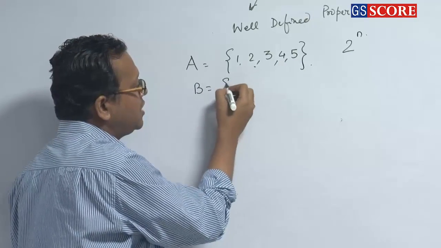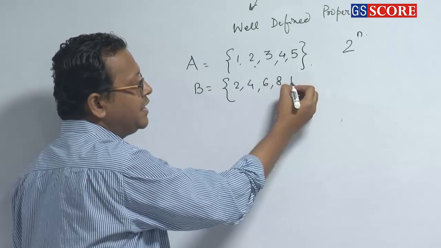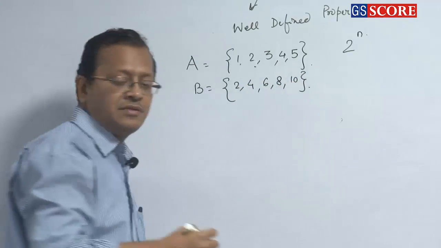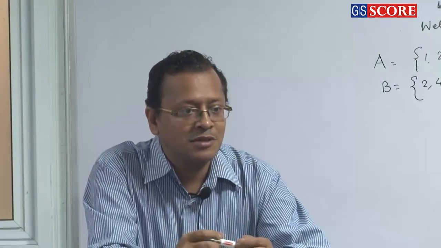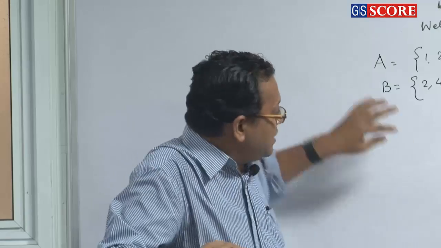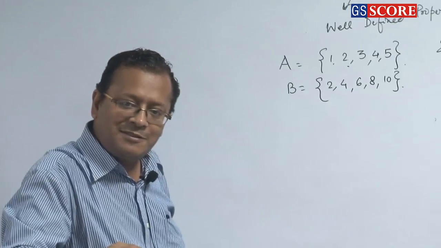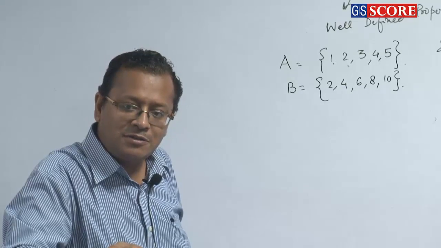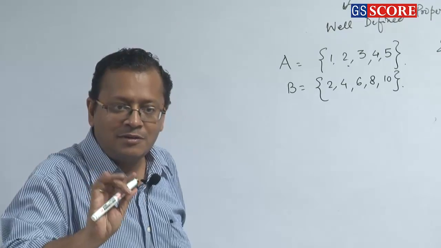B is another set: 2, 4, 6, 8, 10. This is a set of 5 elements, natural numbers. So can we say set A is equal to set B? Why not? Simple or not?